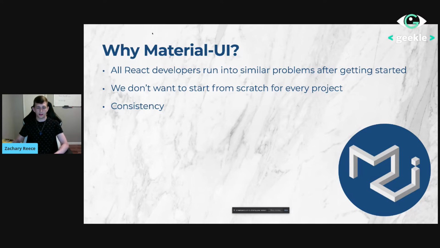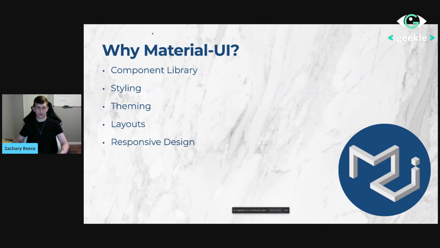Well, what would be great is to start off with a library of components for all of the common elements in web applications. Then you could customize those components to fit the look and feel of your application, giving you more time to focus on actual components and functionality.